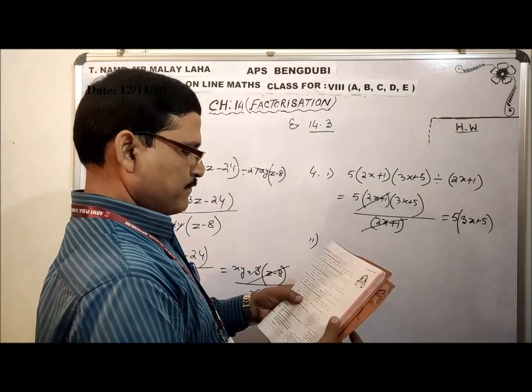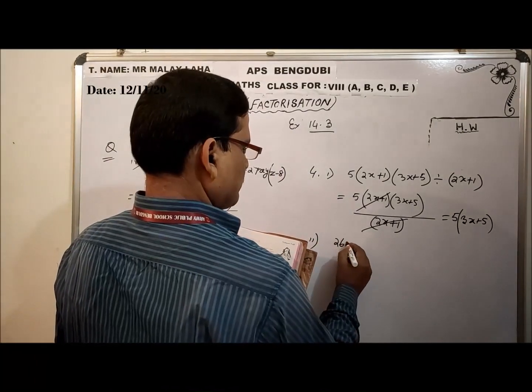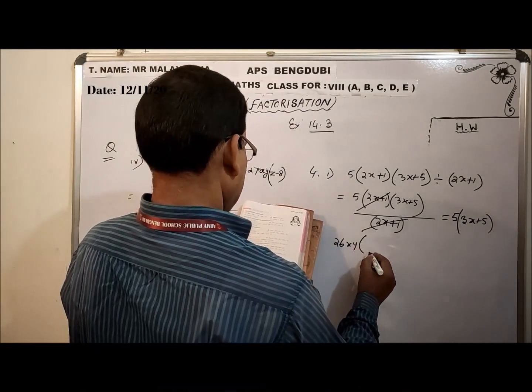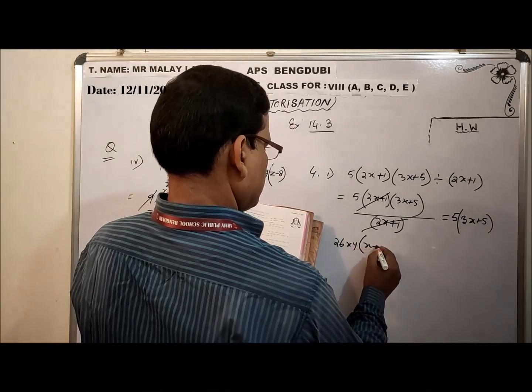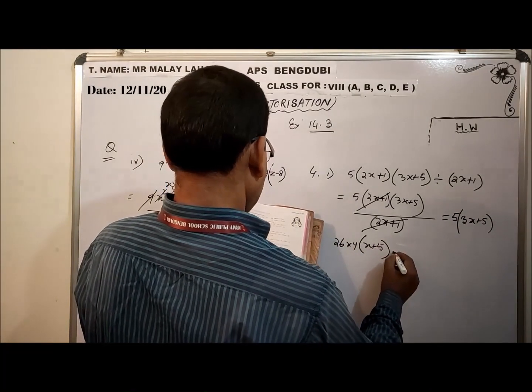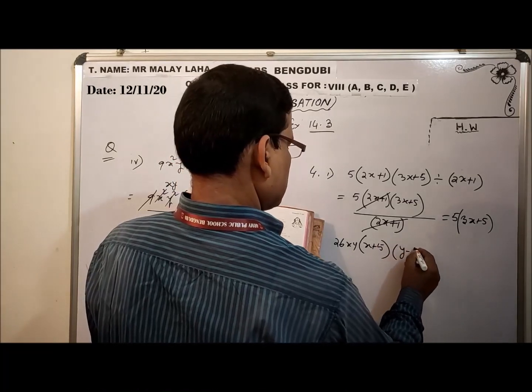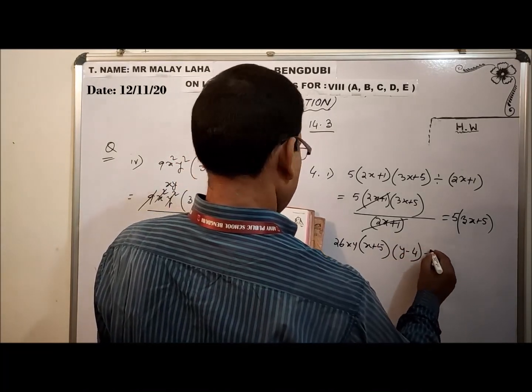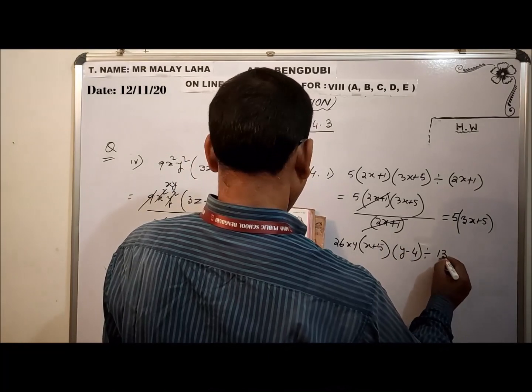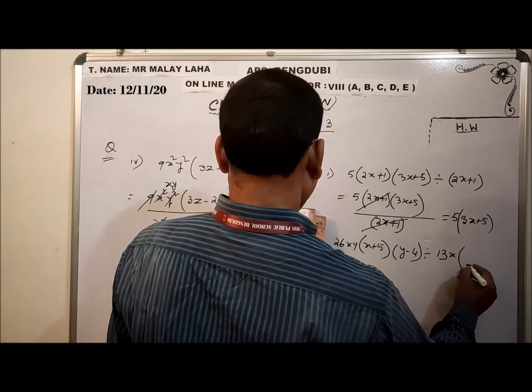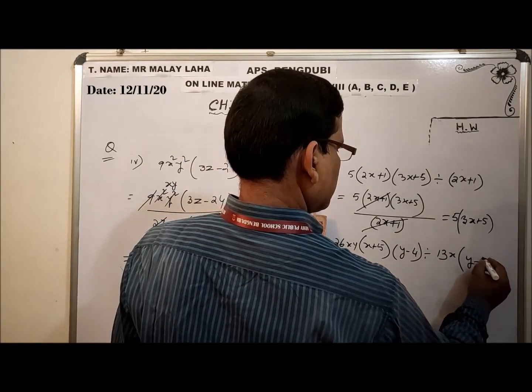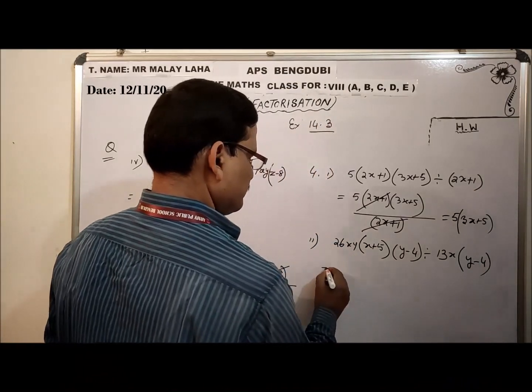Next, 26xy into (x plus 5) into (y minus 4) divided by 13x into (y minus 4). Very simple.